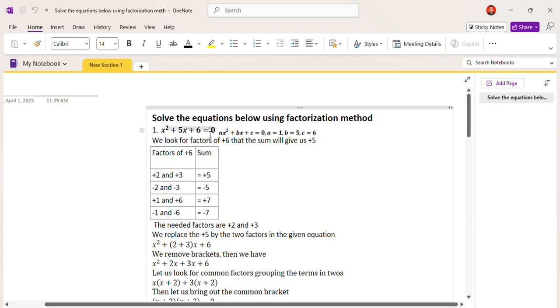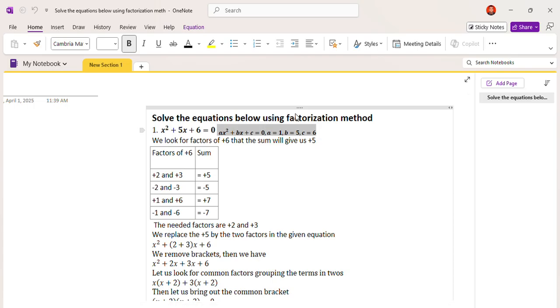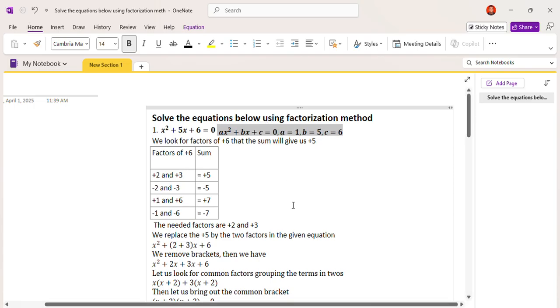Now, this equation is in the form of ax squared plus bx plus c equals 0. Let me increase the font size so you see it very well.